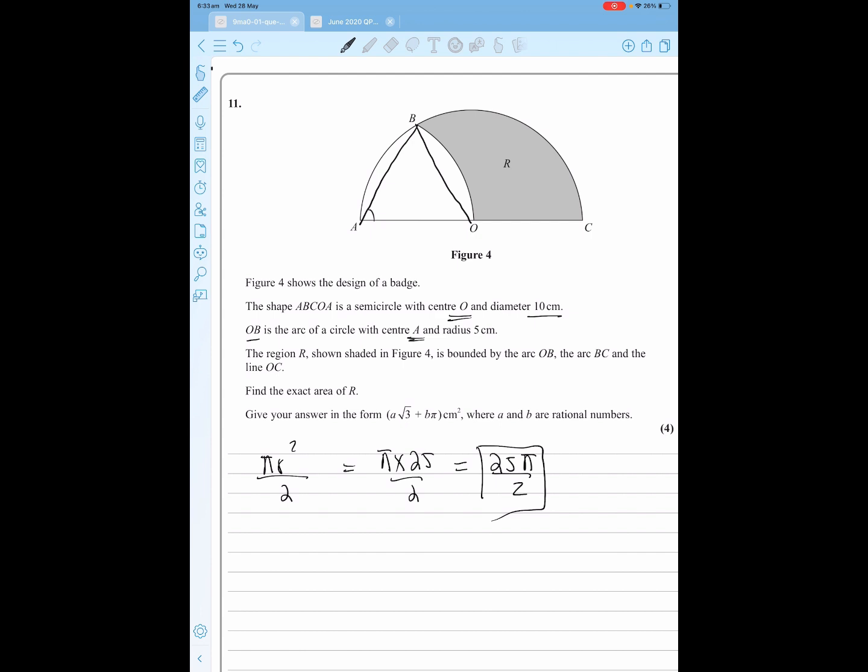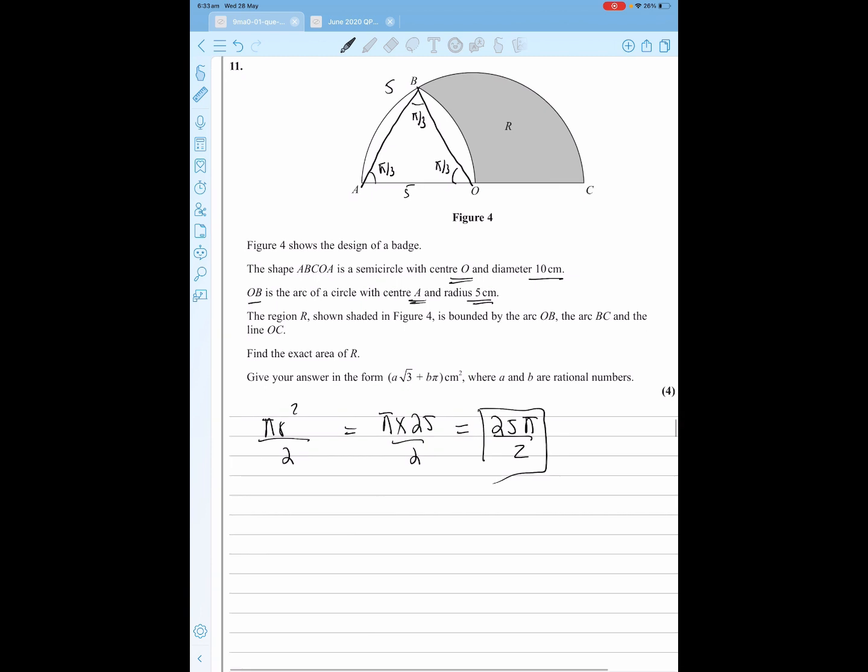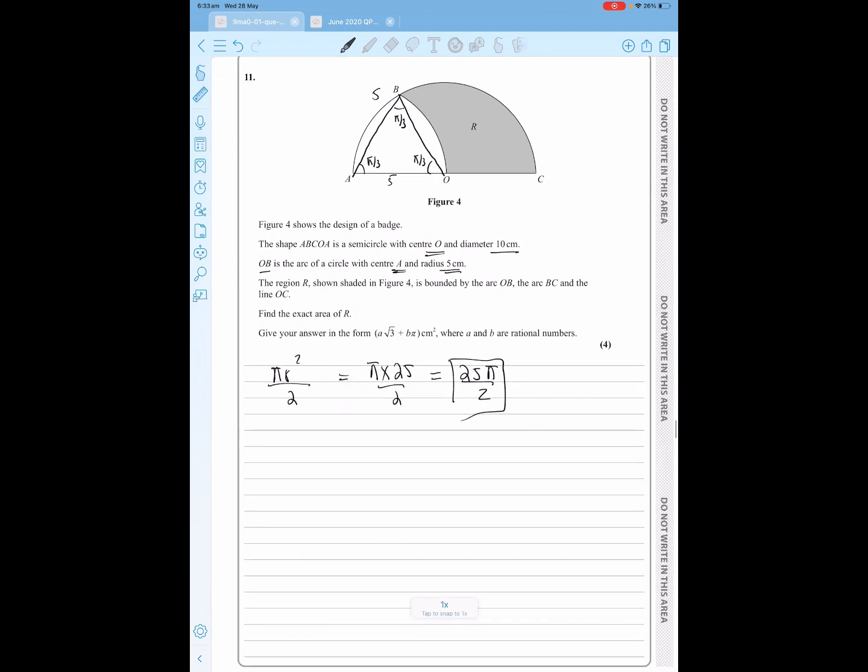So this would be 60 degrees, or in radians it would be pi over 3. This would be pi over 3, and this would be pi over 3. And we know that OB is this arc of a circle with center A, and this also has a radius 5. So we know that would be 5, and since this diameter is 10, this is also 5. So now we know that this shape is a sector, and we can easily find the area of that.